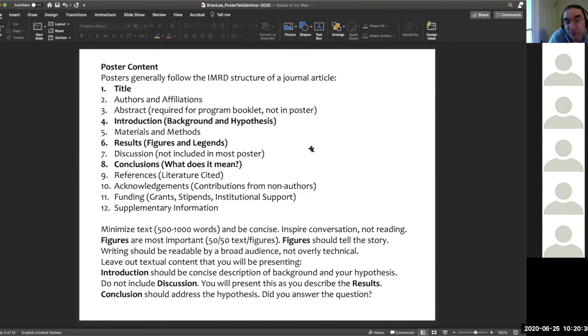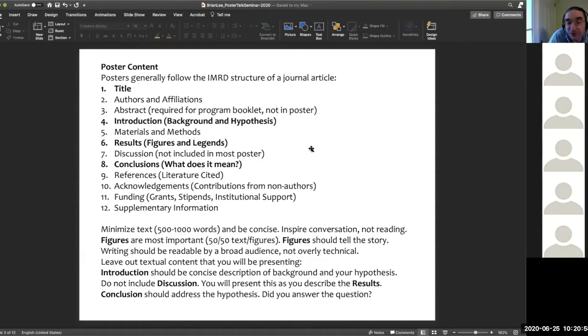Writing should be readable to a broad audience. You might be doing very hardcore analytical chemistry work, but you might have an organic chemist stop by who wants to understand how you are doing GC analysis for the compounds you're using.